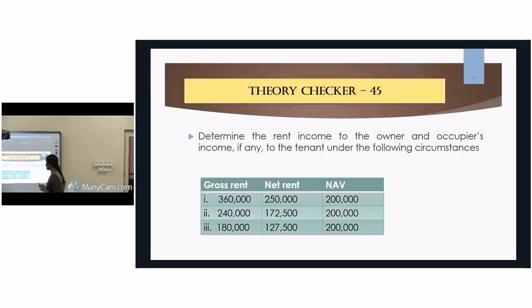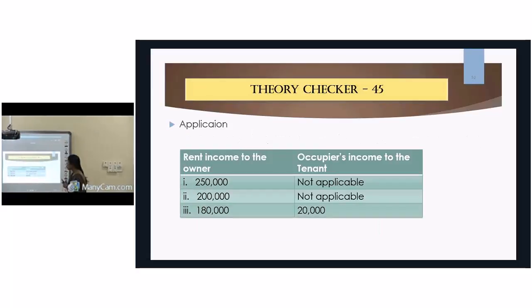So the owner's income, that is the rent income, would be 180,000 and the occupier's income would be 20,000. So if you are an owner of that property, you need to pay the tax on this 180,000. If you are a tenant, you need to pay the tax on this 20,000.